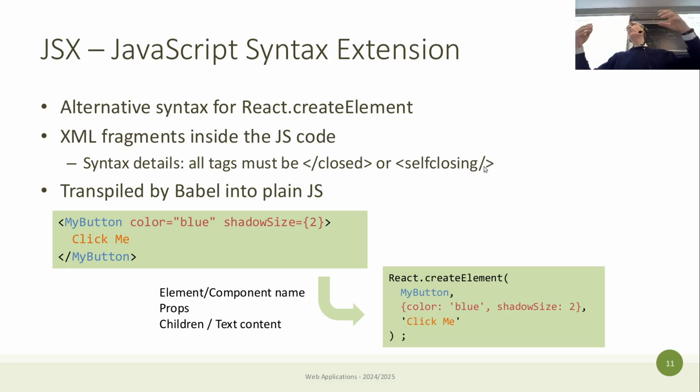If you have no children inside, you can avoid writing the end tag and just put a slash at the end of the first one. We will see examples. And then this translator automatically will translate the JSX into JavaScript code.